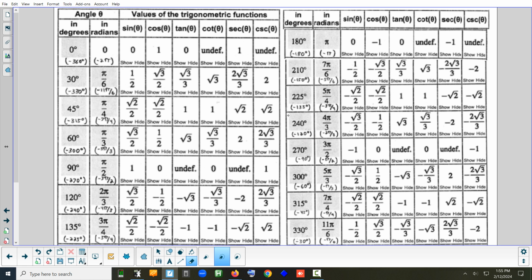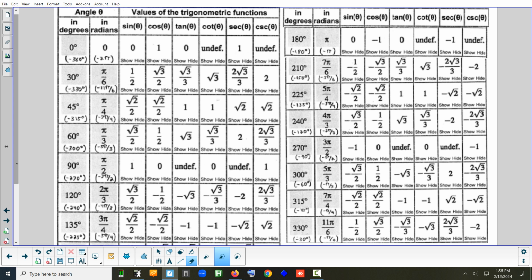Okay. So where do we see it under the cosine column? Where do you see negative root 2 over 2? That's 225. Yep. And where else? 135. Yep. Okay.